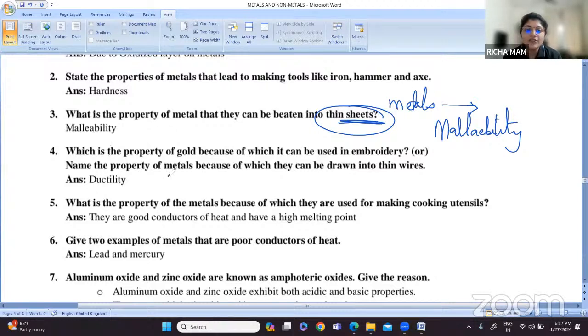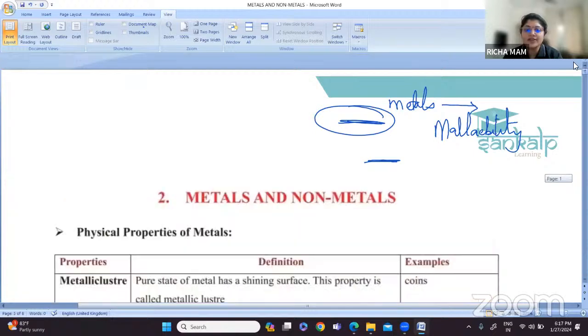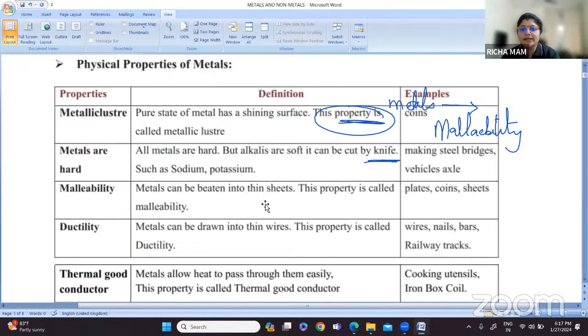Next, which property of gold allows it to be used in embroidery, or name the property of metals because of which they can be drawn into thin wire. What is the property of metals because of which they can be converted into thin wires, students? We have seen two properties. Malleability means it can be converted into thin sheets.